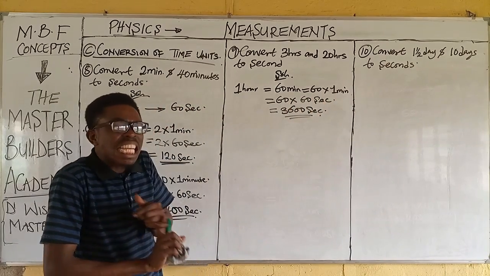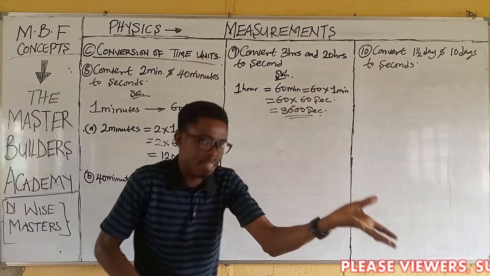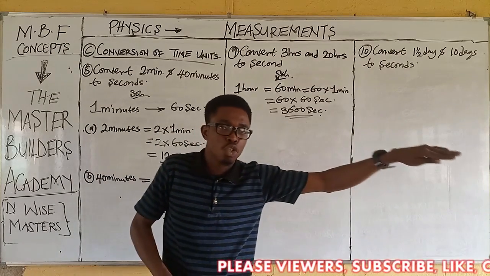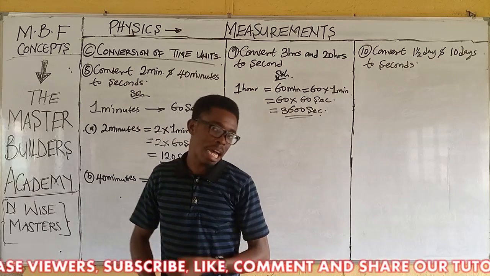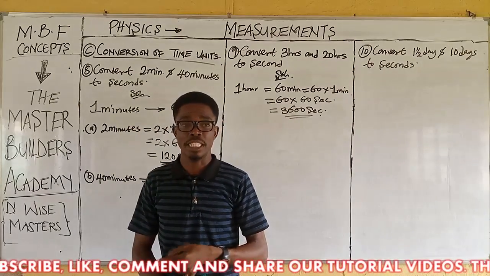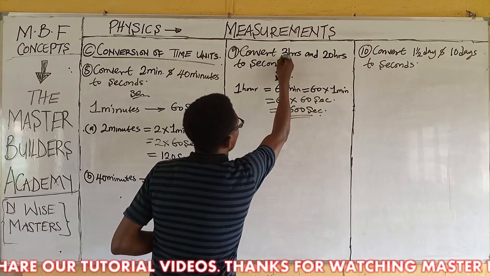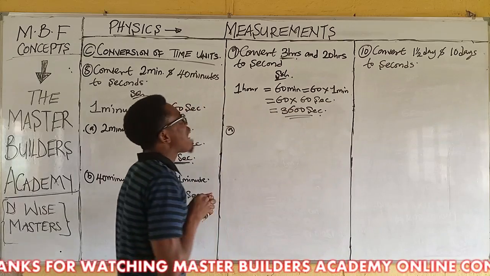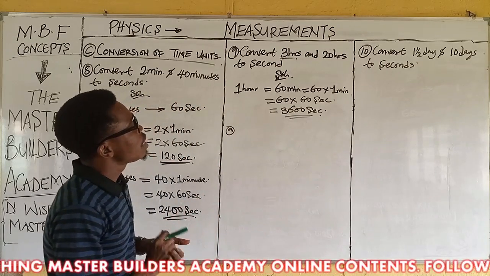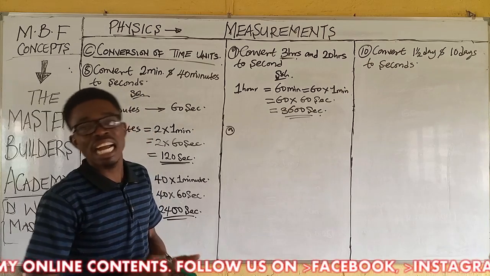But in the easiest form, to convert from hours to seconds, you multiply the given value in hours by 3,600. Hope that is gotten. Now, let's get to work. The first question we have here is 3 hours. Now, if 1 hour is equal to 3,600 seconds, what then is 3 hours?